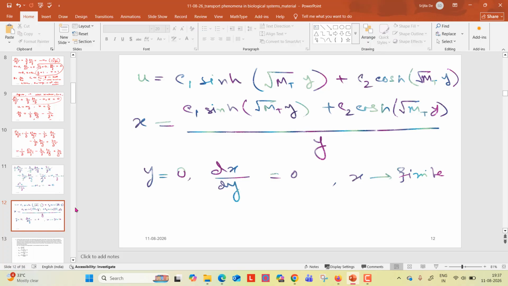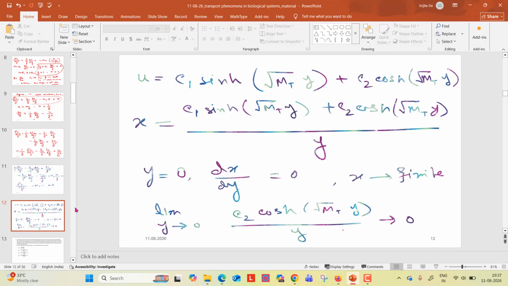So if you take limit of this x at y tends to 0, so we know that cos hyperbolic at limit y tends to 0, c2 cos hyperbolic root mty by y also tends to 0 because cos hyperbolic value will be 0 at 0.